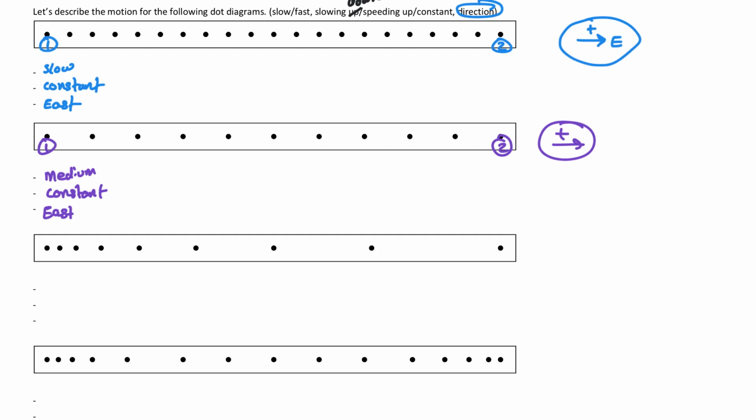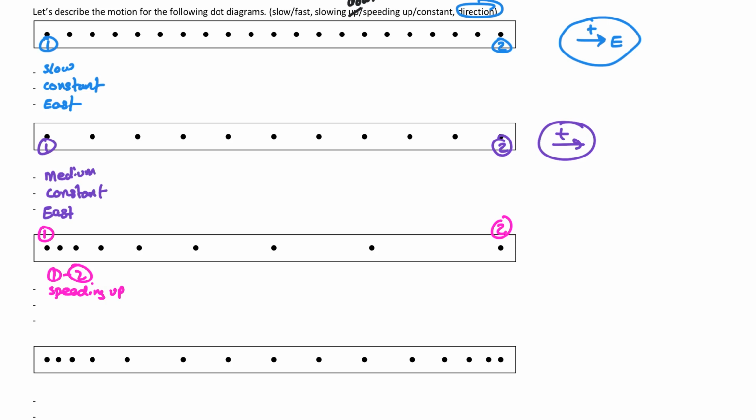If you think about this, you can see that initially every 1 second it's small, and then the next second it gets a little bit more distance, and then more distance, more, and more. So in this case, assuming that 1 is here and 2 is here, from 1 to 2, we know that the object is speeding up.